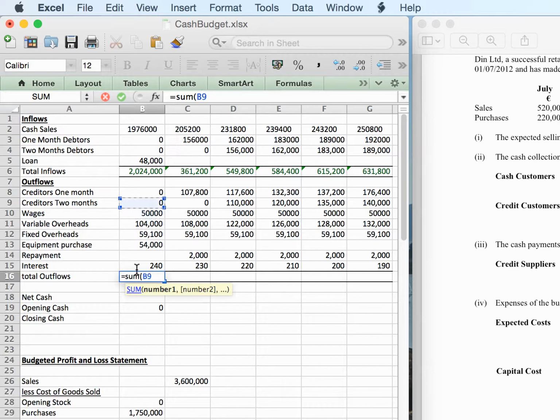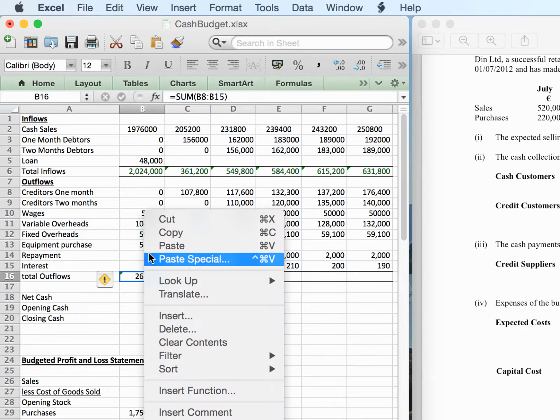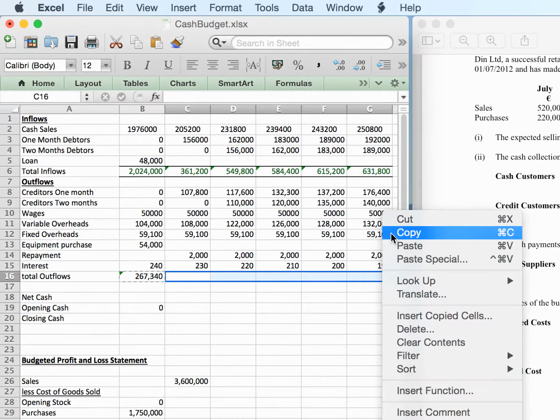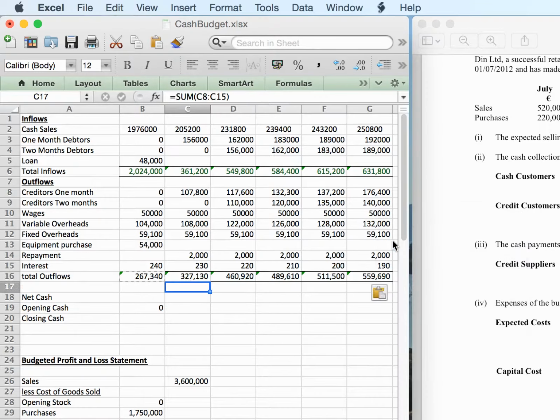So add up all of my outflows down including my interest, copy that and paste that in, so I total everything. So net cash then is going to be the total inflows, take away the total outflows. That looks right. Let's quickly check it now.